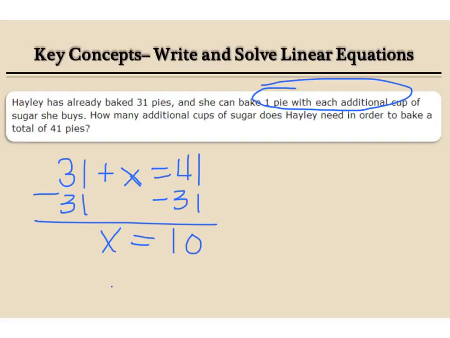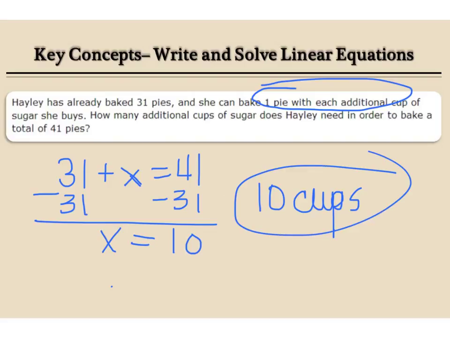You can take 41 minus the 31, and you know that it's 1, so you divide it by the 1, which gives you the 10 anyways. So sometimes writing the equation isn't as important as just knowing that she needs 10 cups of sugar. That's the important part.